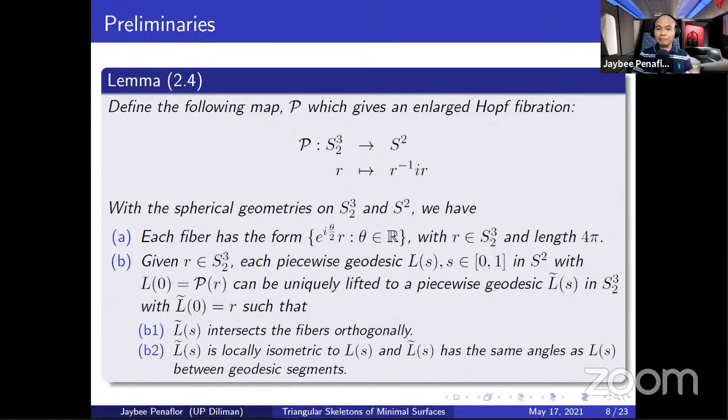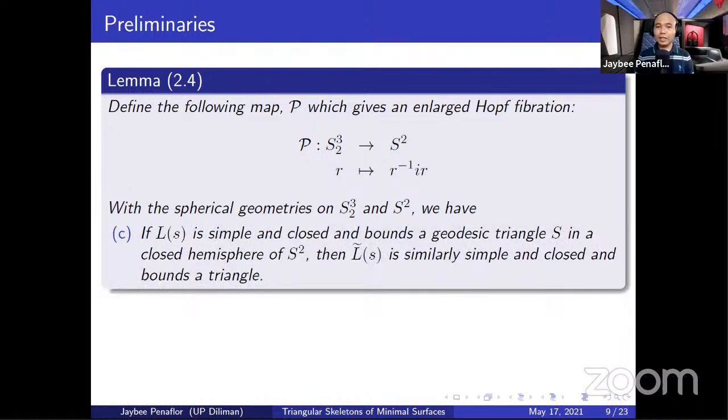We can uniquely lift that to a closed geodesic in S32. So as mentioned here in part C, if L of S is instead a closed geodesic triangle in a closed hemisphere of S2, it means that it does not exceed one hemisphere, then the lifted graph, which is tilde L of S, is in itself a closed geodesic triangle.